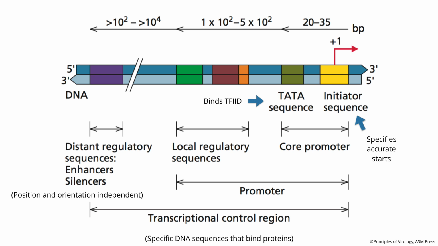And they can influence transcription at a distance, and we'll show you in a moment how they work. So we have a very defined promoter region with regulatory sequences, but it can also be influenced by upstream sequences as well. And again, the key here is that all of these sequences bind proteins that regulate transcription.